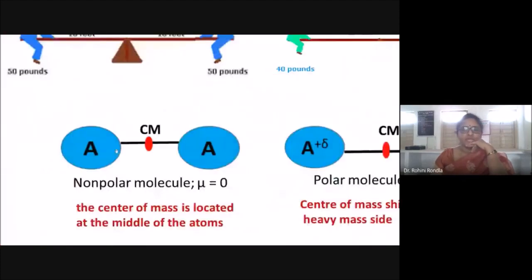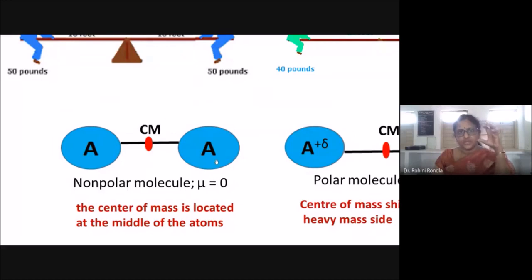Similarly, if you take this AA diatomic molecule, తీసుకోండి, homodiatomic molecules. For example, you consider this as H2 molecule. Okay, here both are same hydrogen atoms and the electronegativity difference is same. Avuna, imagine that A and A both are hydrogens and they have same electronegativity.